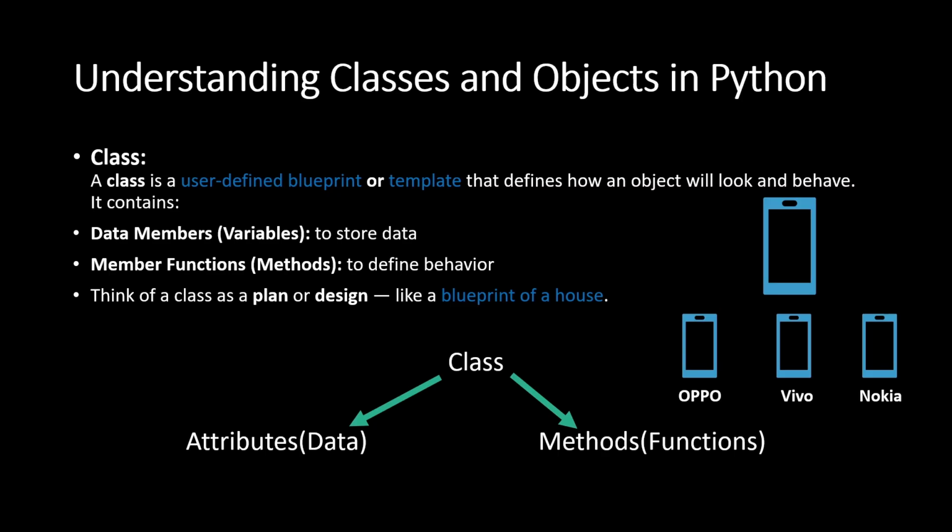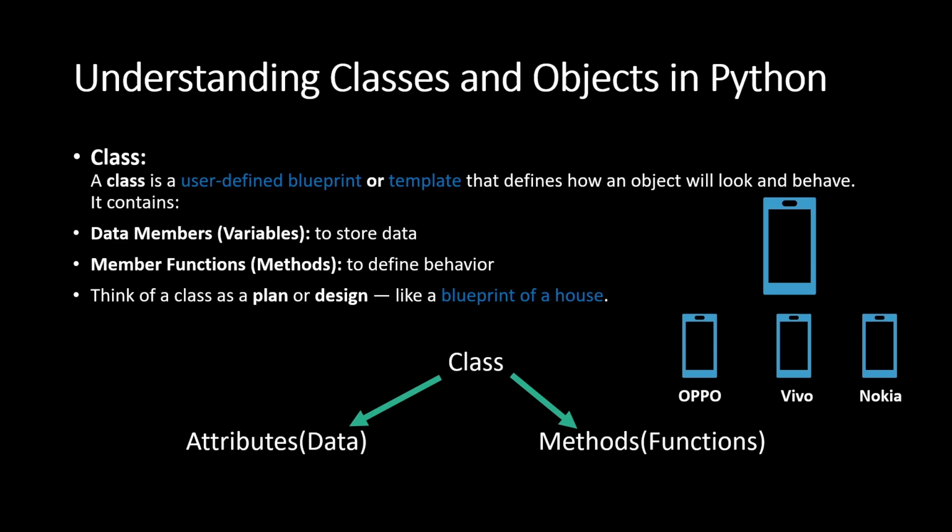You can think of a class like a blueprint of your house. When we are going to build a house, we go to an architect, and the architect defines a blueprint for your house based on your land area, in which they define where your rooms are and where everything else is, right?